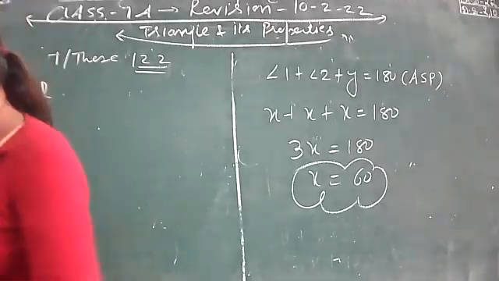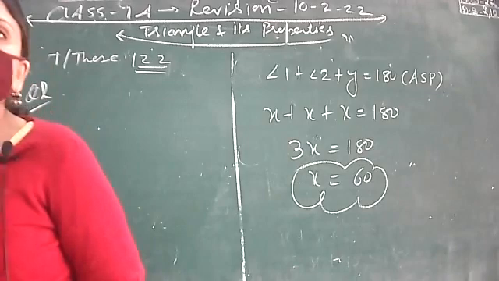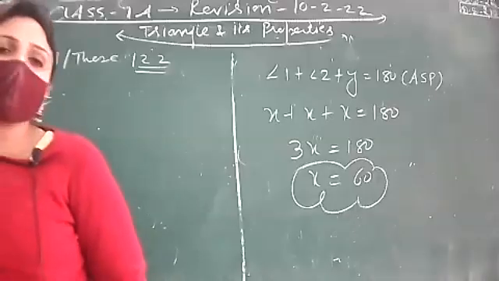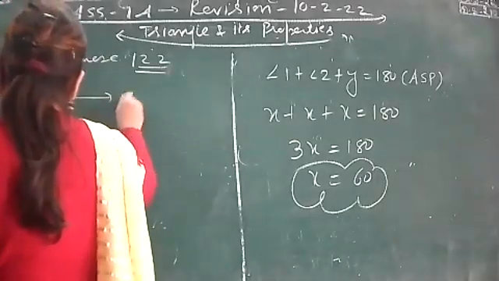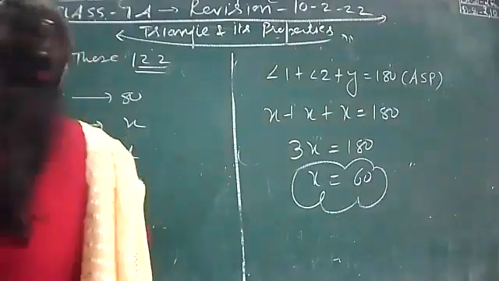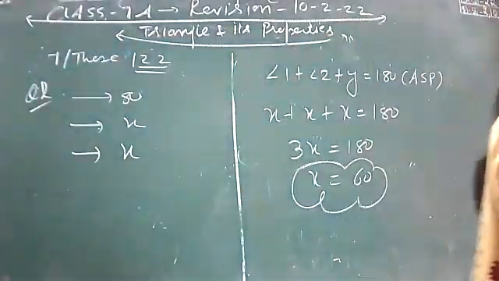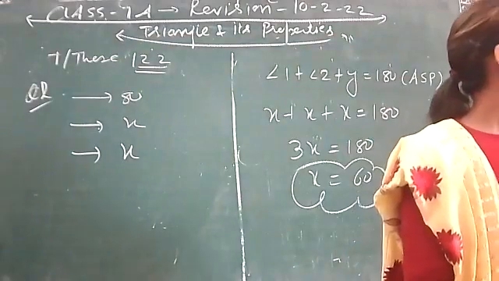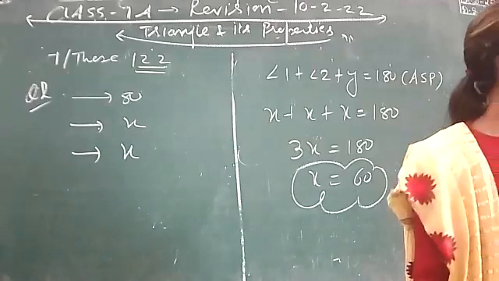First is easy. One of the angles of a triangle is 80 degrees and the other two angles are equal. Find each of the angles. One of the angles is given to be 80 degrees. The other two are equal. Let us suppose each of them to be x.